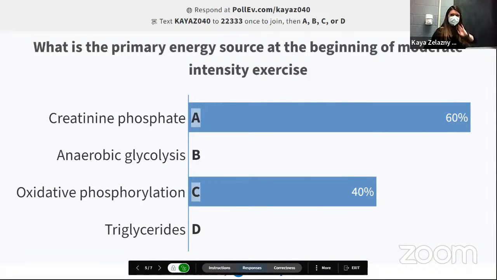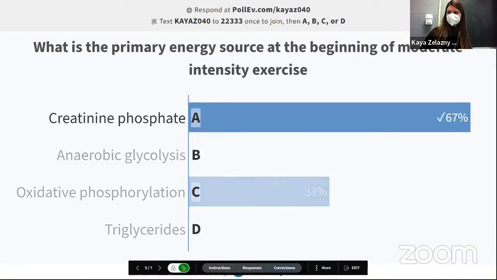Our primary energy source at the beginning of exercise is creatine phosphate. So we just want to remember that we have that on tap for ATP right at the beginning of activity. And then our fibers are going to stabilize into either anaerobic glycolysis or oxidative phosphorylation.